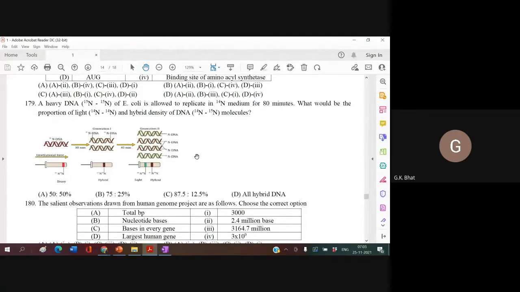After another 20 minutes, what will happen? See, in the first 20 minutes, it doubles. Plus 20. This is how much? 50-50. Next one, 50 increases, another 50 decreases. How much does it come? 75-25. Next, what will happen?